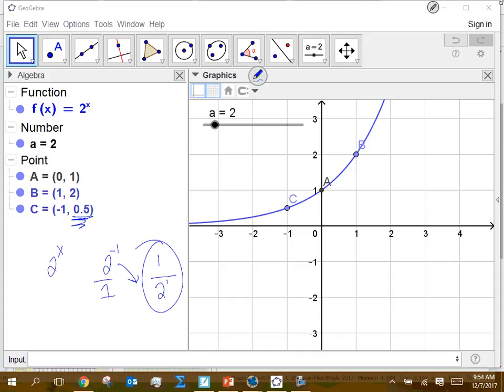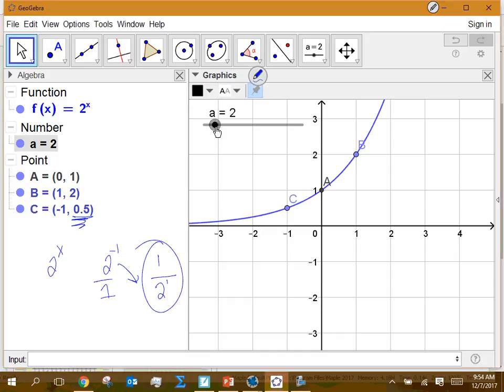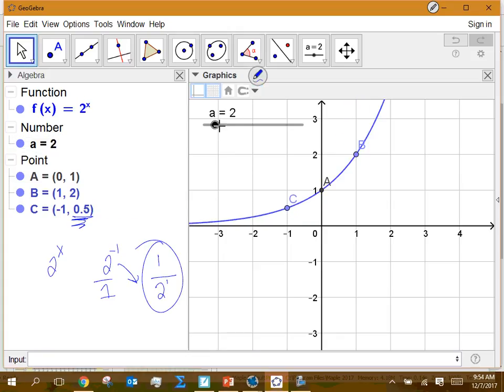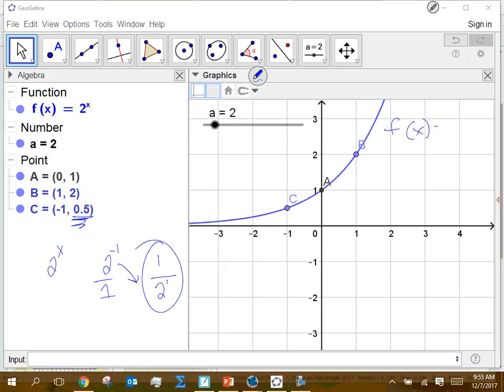So 1/2 and 2 are what types of numbers to one another? Reciprocals. If I take a and make it 3, what is the y value there? 1/3, right? If a is 4, what's the y value there? 1/4. If it's 5, it's 1/5. So we're seeing that no matter what a is, if this function is f of x equals a to the x, that point right there is always 1 comma a. That point right there is always 0 comma 1. And that point right there is always -1 comma the reciprocal of a, so 1 over a.